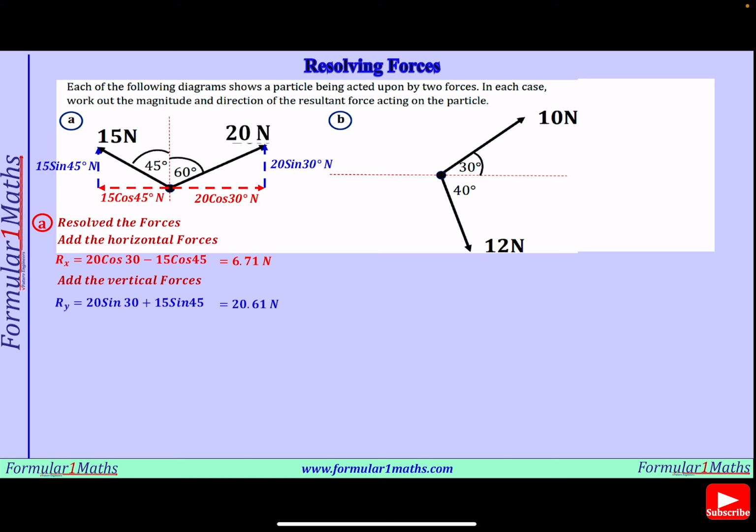So we've got a situation like this. We've got the horizontal component, which is 6.71. The vertical component, which is 20.61.